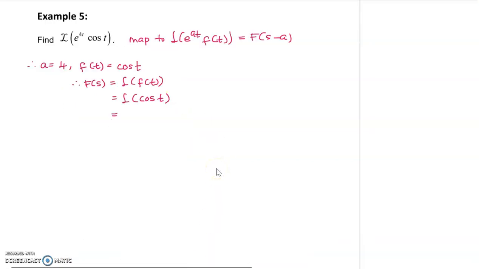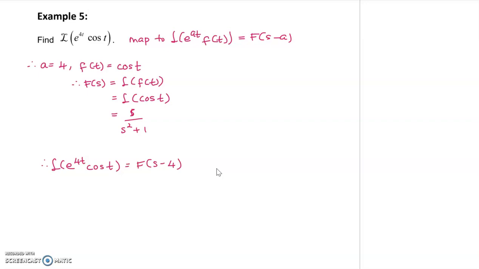So the answer is s over s squared plus 1. But this is not our final answer, because the final answer is supposed to be F(s minus a). So therefore, the Laplace of e to the 4t cos t, which is F(s minus a), where a equals 4, is F(s minus 4).